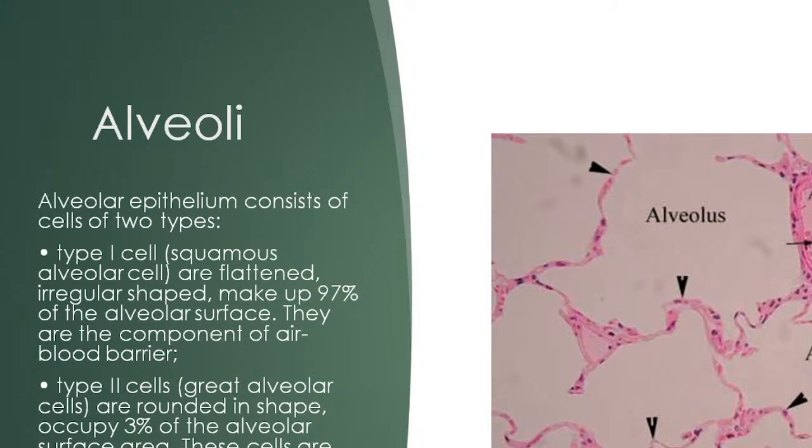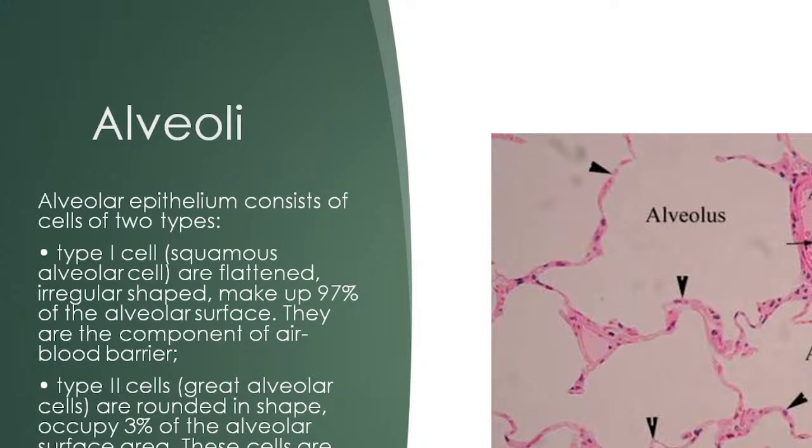They are flattened and have a regular shape, and provide gas exchange between air and blood. Type 2 cells, or great alveolar cells, are round in shape and there are only about 3% of them.